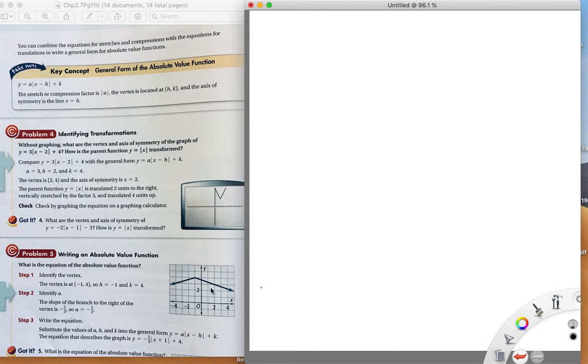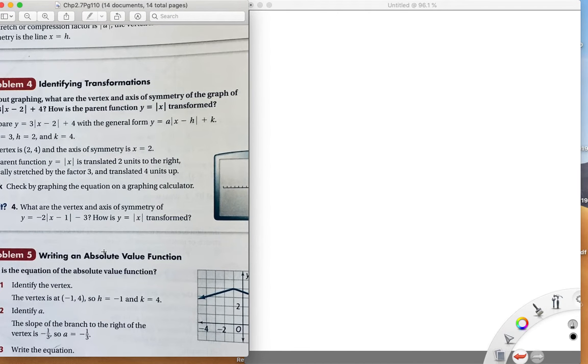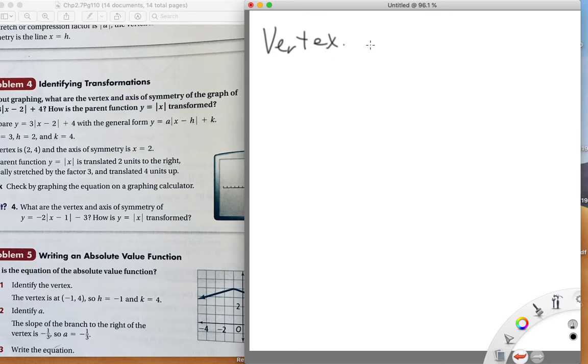So when we look at number 4, it says y equals negative 2 times the absolute value of x minus 1, minus 3. And they want to know the vertex and axis of symmetry, and then how is y transformed? Well, the vertex is (h, k). Our h is equal to 1. Our k is equal to negative 3. So our vertex is going to be (1, negative 3).